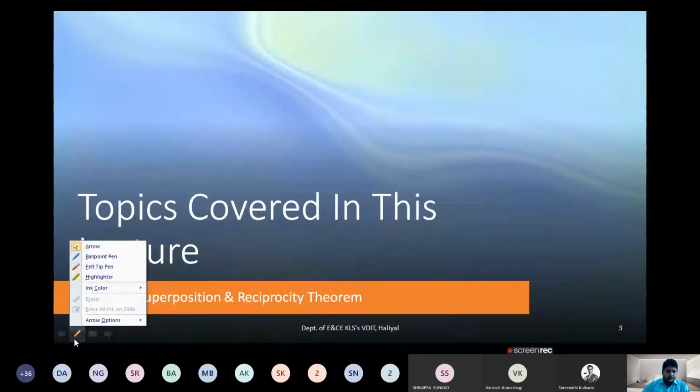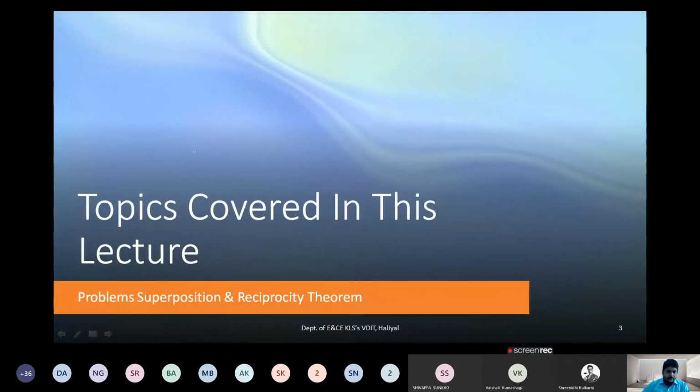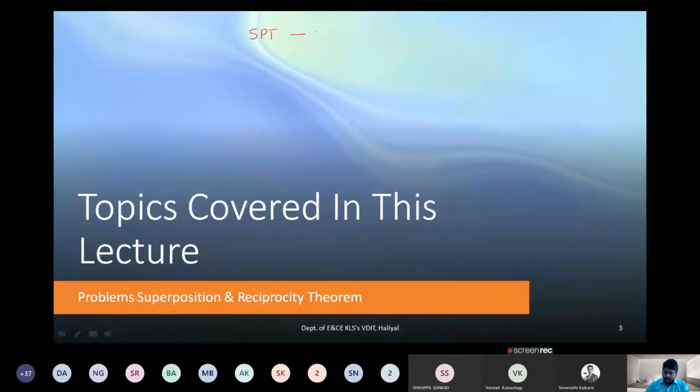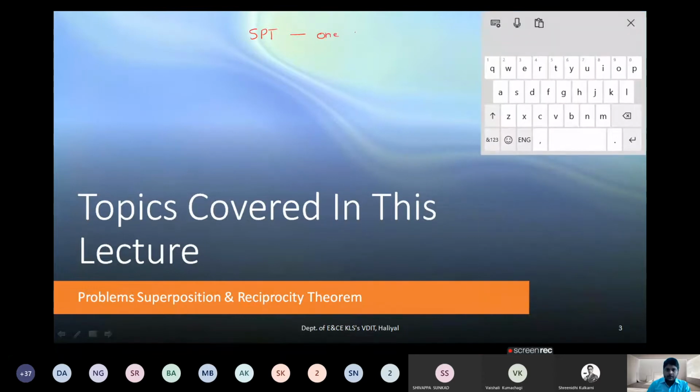If you are solving a circuit by using superposition theorem, the first thing we do is consider one source, only one source, as active.